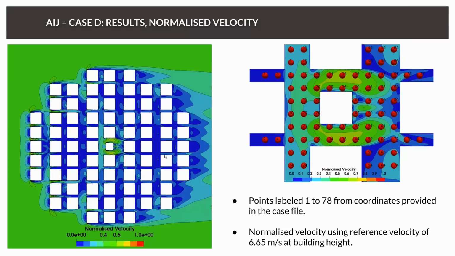And what we did is that we added some points based on coordinates, and every point was labeled with a number from 1 to 78. And we used the normalized velocity, which we calculated by using a reference velocity of 7 meters per second at the building height.